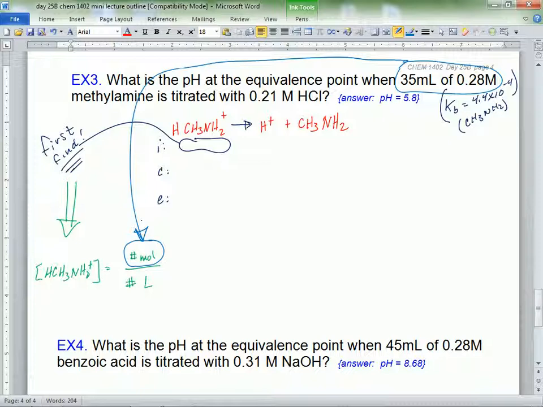For that, we have to find the equivalence point first, right? It really doesn't matter which one you find first. Sometimes it's easier if you find this one first, because then you can use those moles and the mole bridge and convert to liters of HCl, but it's the same amount of work.